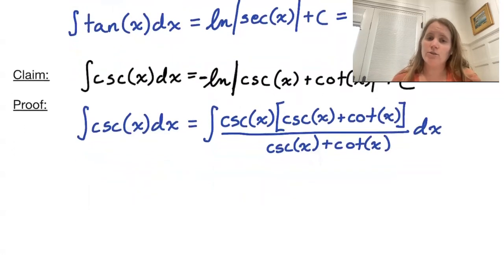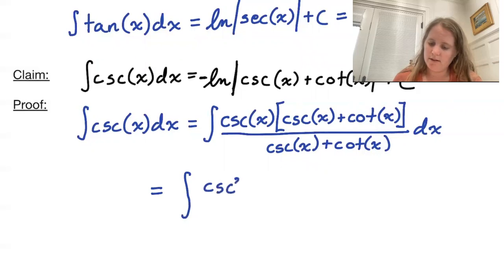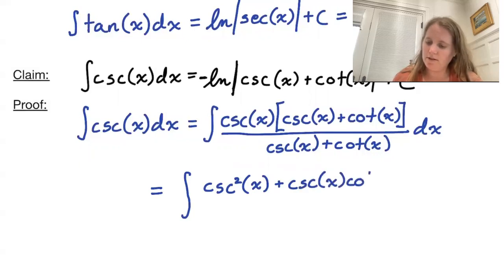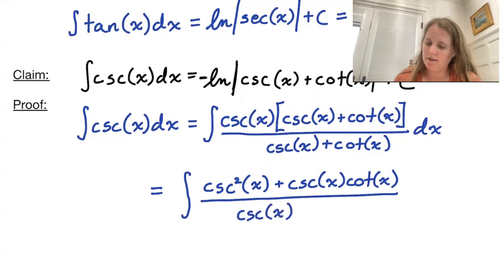Now this looks slightly strange, but if we multiply this out, up top we have cosecant squared x plus cosecant x cotangent x, and down below we have cosecant x plus cotangent x.